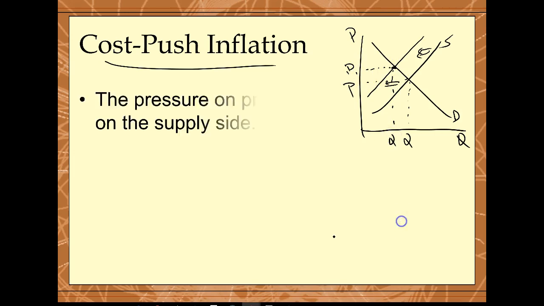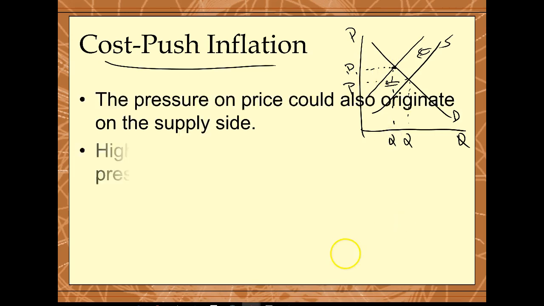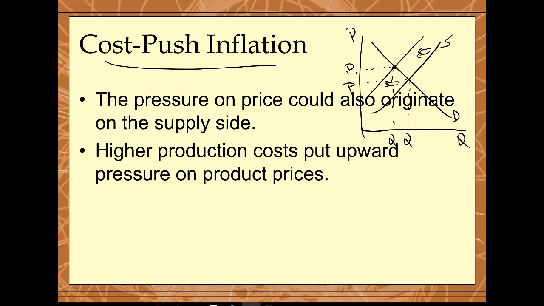And we call this cost push inflation. Higher production costs could put upward pressure on product prices. So those are two broad reasons why prices would go up. So that closes our talk for inflation.